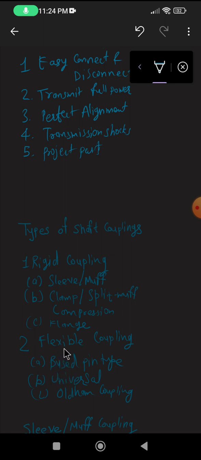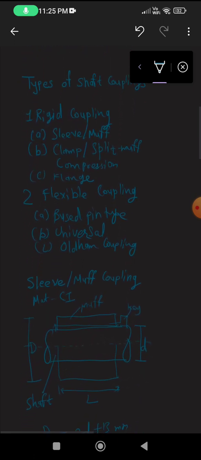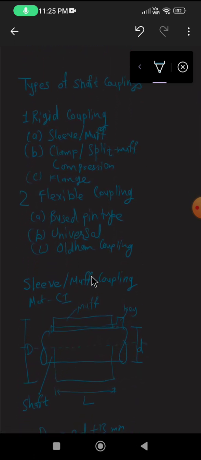Now we will see the first type of coupling, that is the sleeve or muff coupling. Let me show you the diagram of the sleeve and muff coupling. This is the simplest form of rigid coupling, and it is made of cast iron, CI.